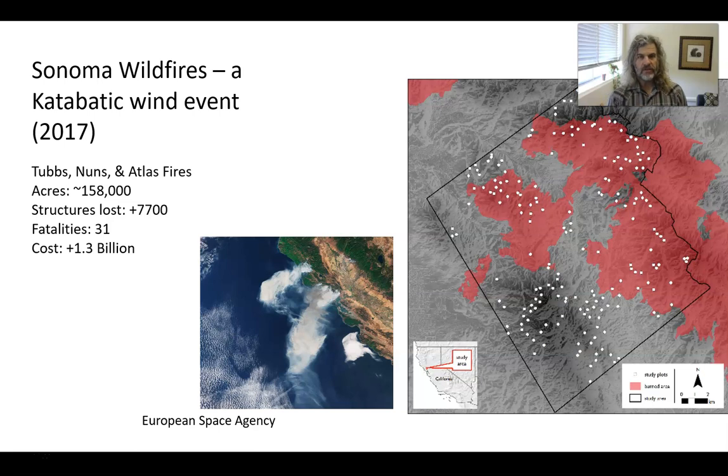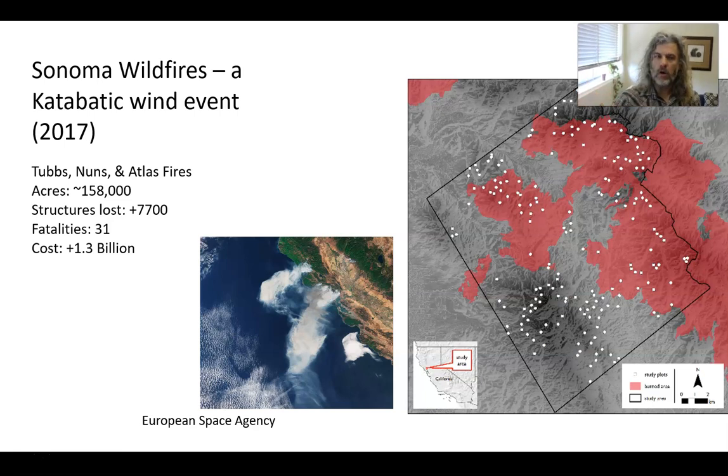This is an event that I've been trying to study with a plot network in Sonoma County, and plot networks are an important way that we are able to quantify the impacts of fire and assess their intensities and their ecological impacts.